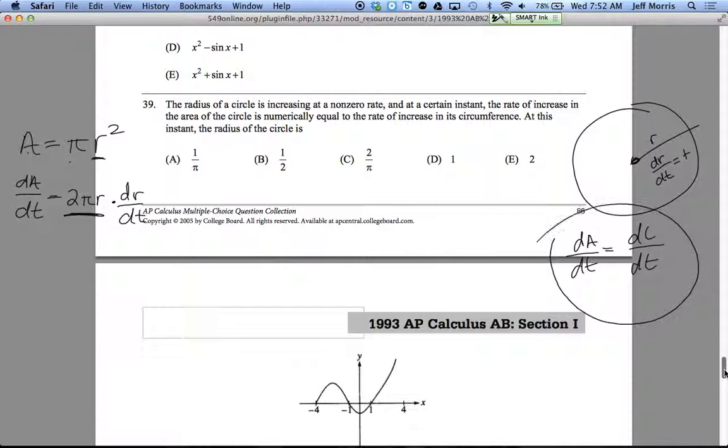It's set in the directions. dA/dt was equal to what? dC/dt. This is circumference. What do I have to do with that? I thought this was going to fall right out.